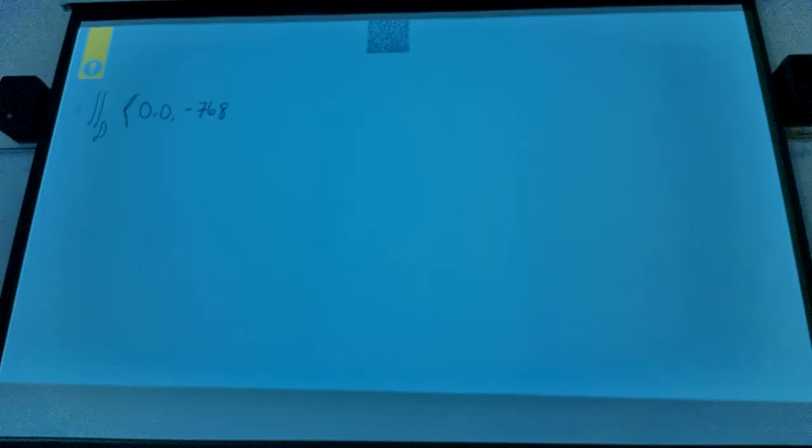Cosine squared sine squared of phi plus sine squared of phi. It's just sine squared of phi, isn't it? Oh, I'm sorry, it's all multiplication.